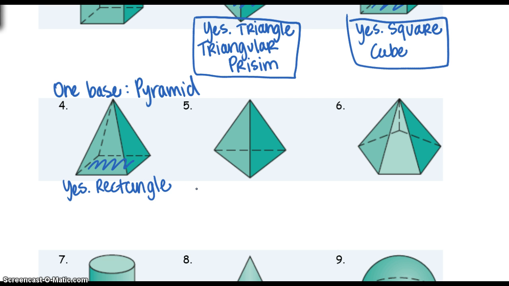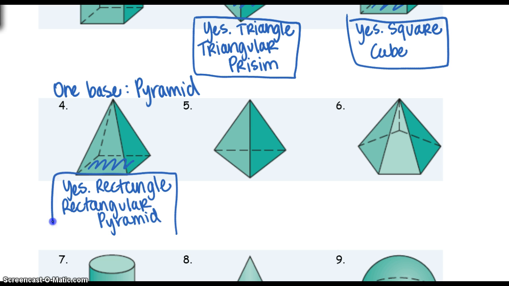Because when it comes to these pyramids, if there's a shape like a rectangle down there, you're going to go with that. So rectangular pyramid. I'm going to have you do 5 on your own for class, but let me talk about 6.